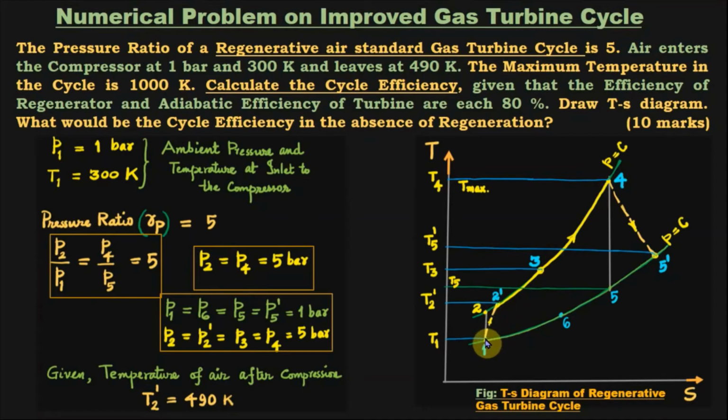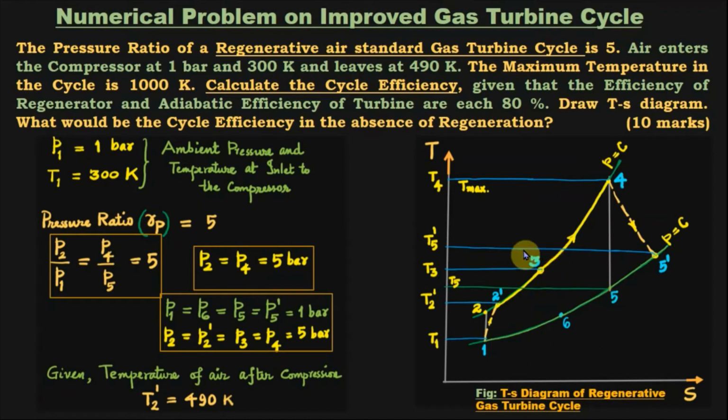T1 is equal to 300 Kelvin, T2 dash after the actual compression is 490 Kelvin, and the maximum temperature is T4, equal to 1000 Kelvin. And now we have to find out the temperature at other state points in order to assess the performance of this regenerative type of gas turbine cycle.